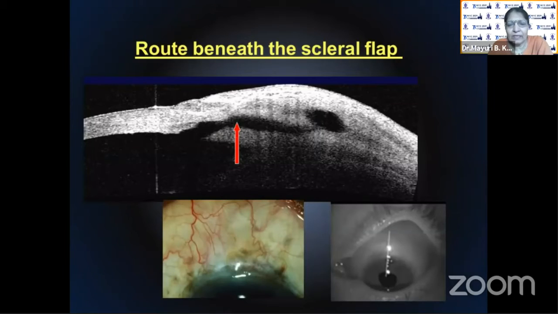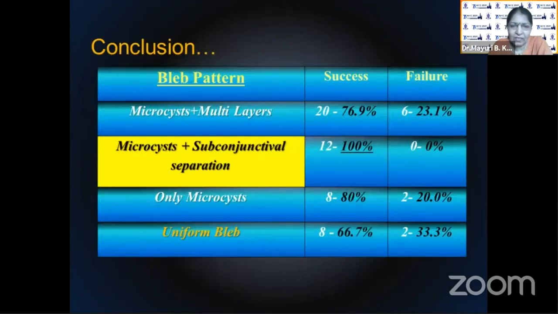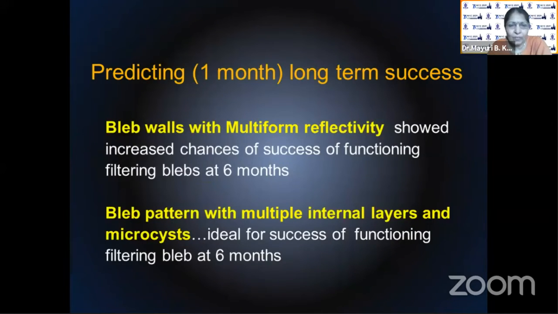Now, the route beneath the scleral flap doesn't make any significant difference as far as failure and success are concerned. So these are our results. And as I said, microcysts with subconjunctival separation in the early phase show a 100% success rate at the end of 6 months. So you can predict at 1 month the long-term success.